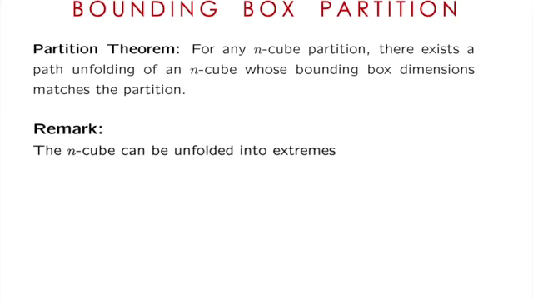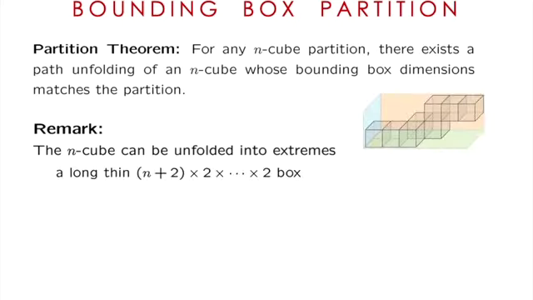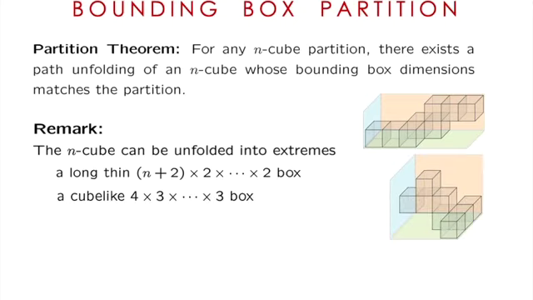Note that the n cube can be unfolded into these 2 extreme cases based on the partitions you give me. One is the n plus 2, 2, 2, 2, 2, 2 partition, an extremely long, thin box, or at the other end, a cube-like 4, 3, 3, 3, 3 box. And in fact, you get a whole spectrum of sizes in between based on the partition that you have.